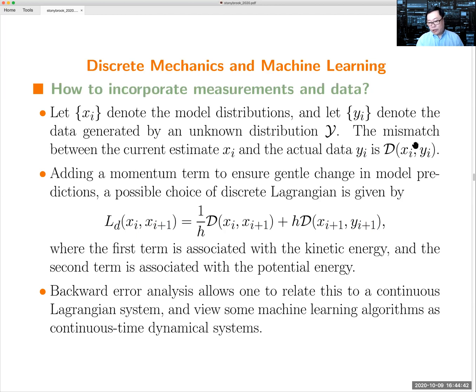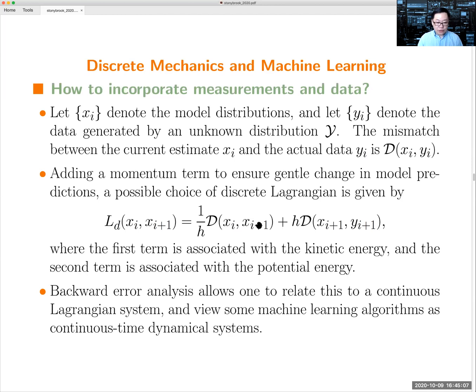If you just had a potential energy and no kinetic energy, you would have a problem because you would have arbitrarily large changes in the estimate. So one thing you can do to make the estimate change more gently is to have a kinetic energy term. The way we've proposed to introduce a kinetic energy term is to have a divergence function between 2 copies of the estimator.